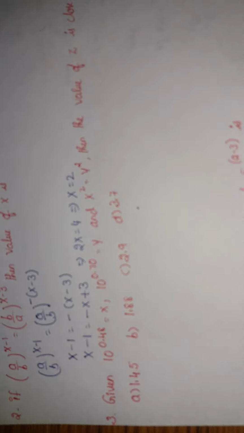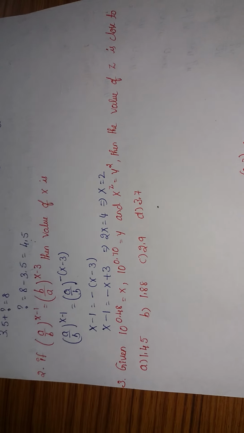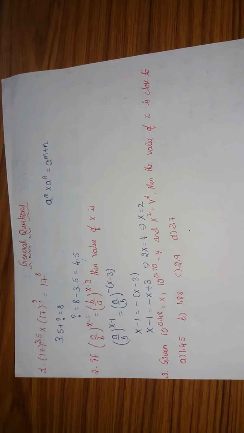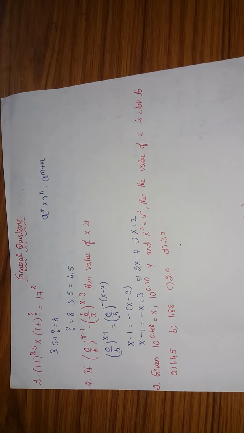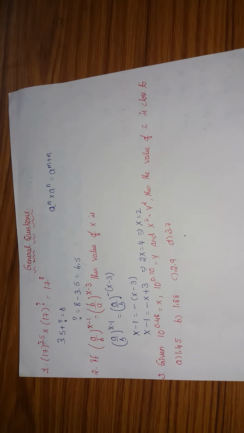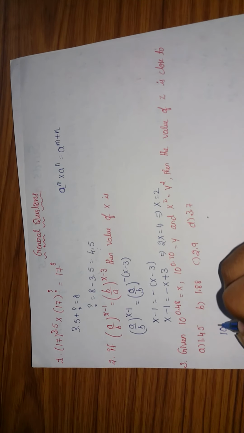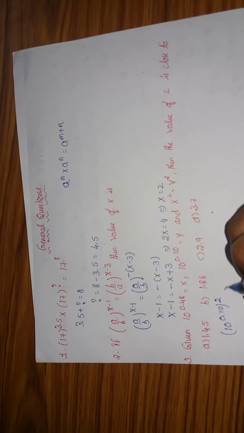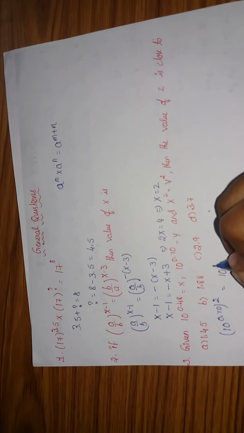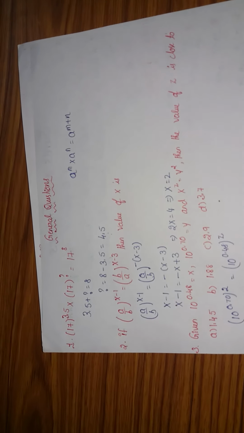Another question. Given 10 power 0.48 is equal to x, 10 power 0.70 is equal to y, x power z is equal to y square. Then find the value of z close to. So y square: we know the y value, so we have to square it. 10 power 0.70 whole square is equal to x power z. What is the x value? 10 power 0.48, so (10 power 0.48) power z.